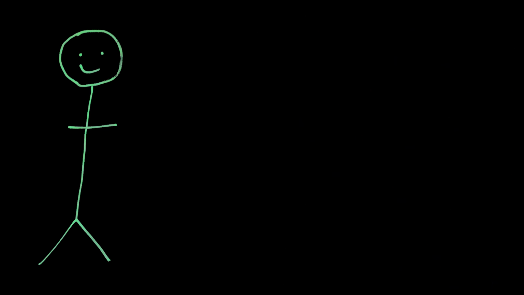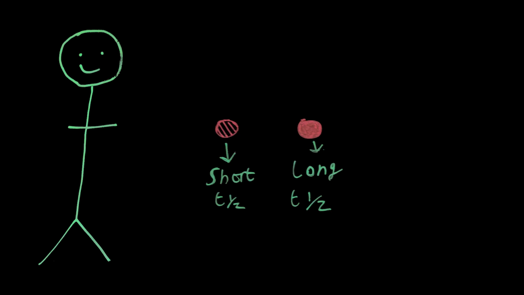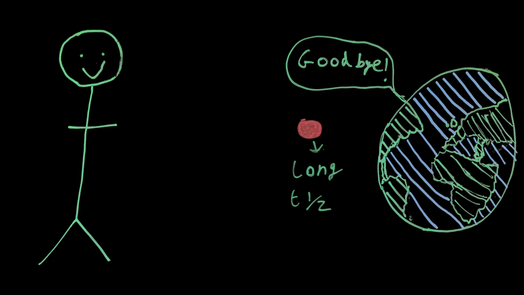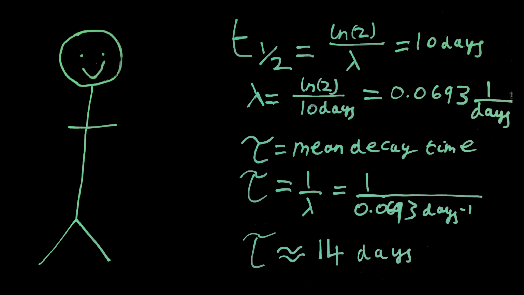Are short half-lives more dangerous than longer ones? It depends on the amount, but assuming the same amount in both cases, yes, particles with short half-lives are more dangerous than particles with long half-lives, but they are not long for this world. If we take our previous particle, which had a half-life of 10 days, then it will have a mean decay time of 14 days.